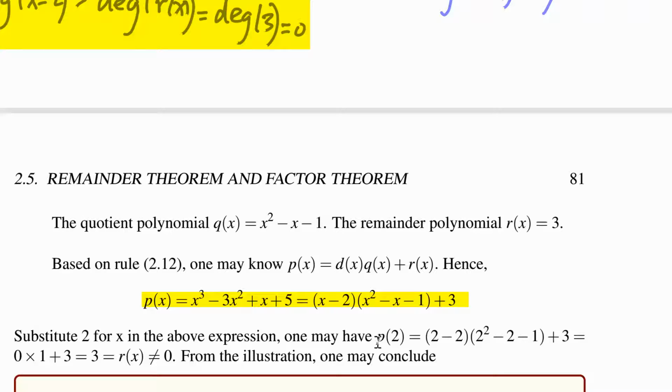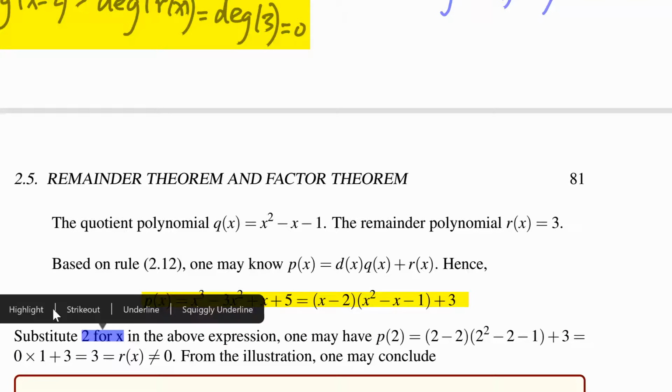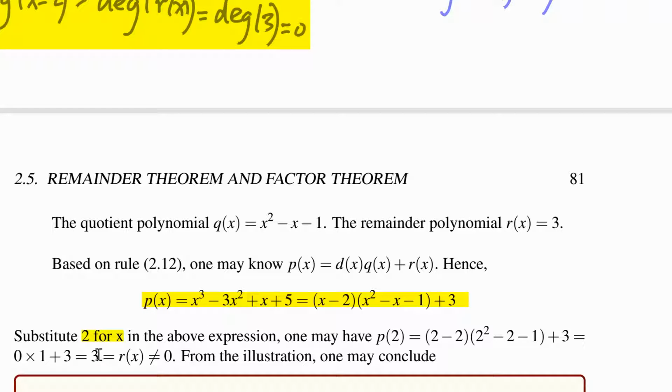If you plug in 2, substitute 2 for x, what would you get? You replace x with 2. You'll get 2 minus 2 is this one, 2 squared minus 2 minus 1 is the number here, plus 3.